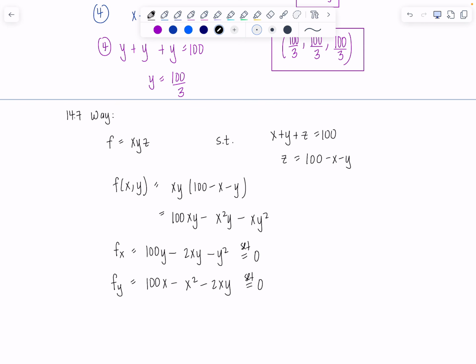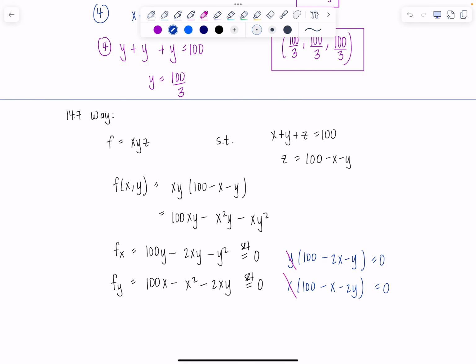I'm going to first factor out a y, and then I have 100 minus 2x minus y is 0. From the second one, I can factor out x, and then I have 100 minus x minus 2y is 0. And I can just cancel out the x and y's because I know they won't be 0, as we discussed earlier.